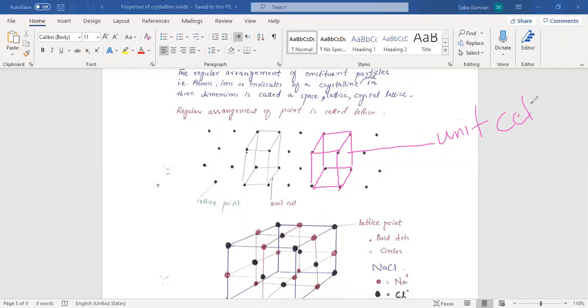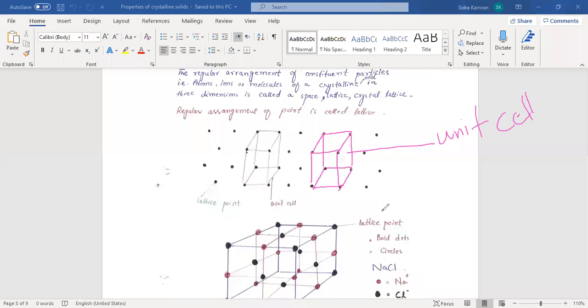When we calculate the formula masses of ionic compounds, we take one formula unit from their crystal lattice. That is the same concept I am discussing here: what is a crystal lattice and what is a unit cell. You can see all the particles are regularly arranged, having a specific pattern in this crystal.